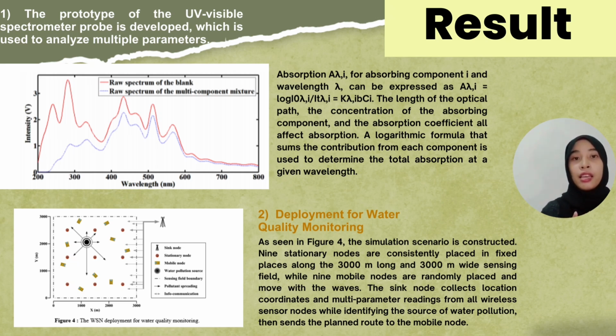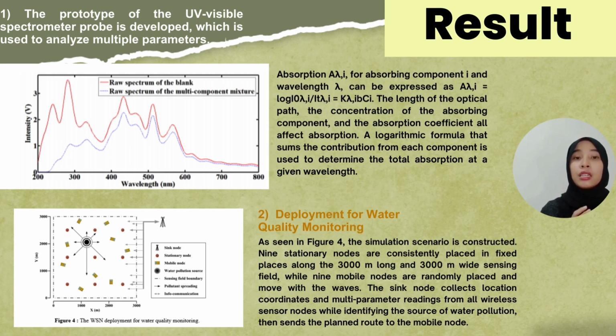Okay, next, as seen in figure 4, the simulation scenario is constructed. 9 stationary nodes are consistently placed in fixed places along the 3,000 meter long and 3,000 meter wide sensing area. 9 mobile nodes are randomly placed and move with the waves. The sink node collects location coordinates and multi-parameter readings from all wireless sensor nodes while identifying the sources of water pollution.